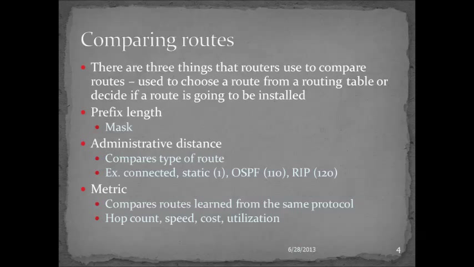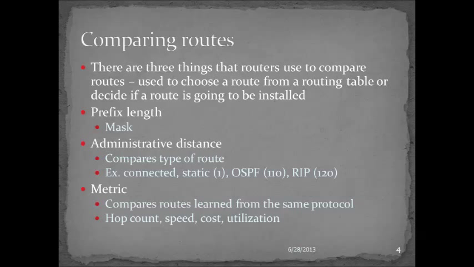The prefix length is sort of a measure of how close you can get to a destination. So if I have a network with a /24 subnet mask, that's pretty close. It's much closer or much more specific than a /16 or /15 network mask. So we like having prefix lengths that get us very close to the destination.